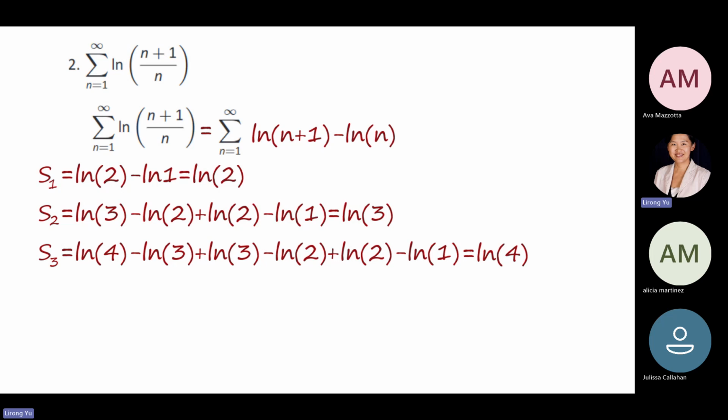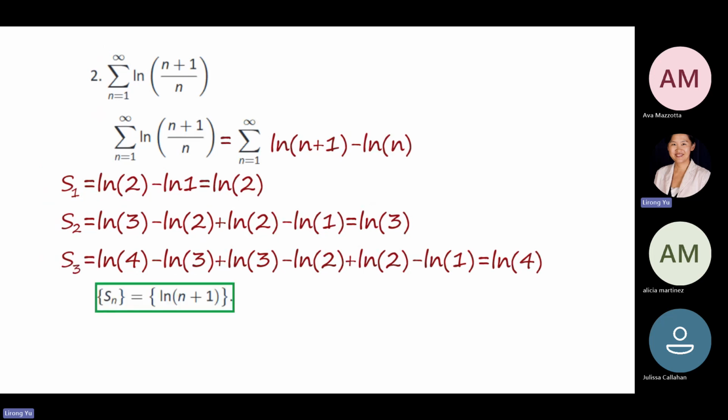Well, ln 1 equals 0, we don't have to subtract. Actually, S3 equals ln 4, S2 equals ln 3, S1 equals ln 2. So Sn equals ln of n plus 1, right? So S of n actually equals natural log of n plus 1.